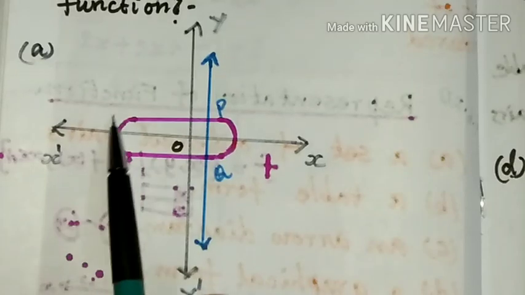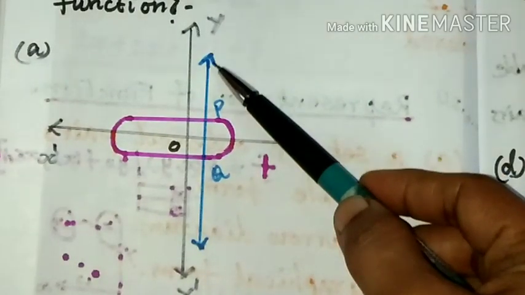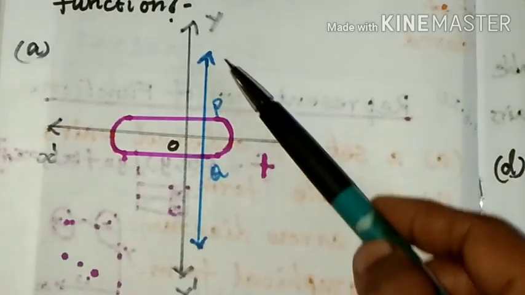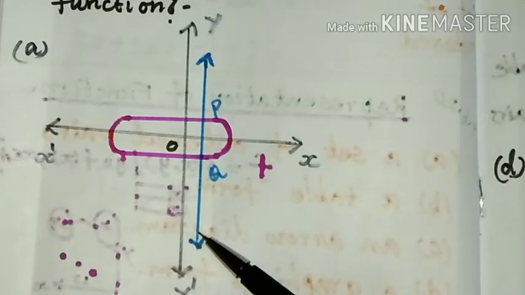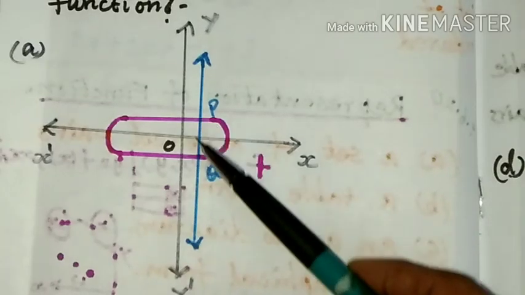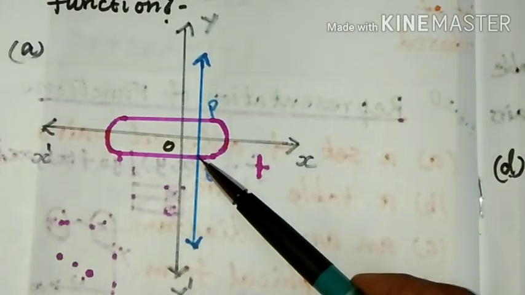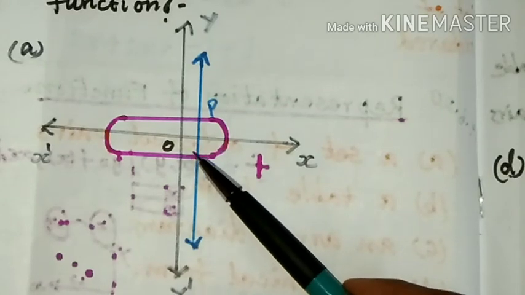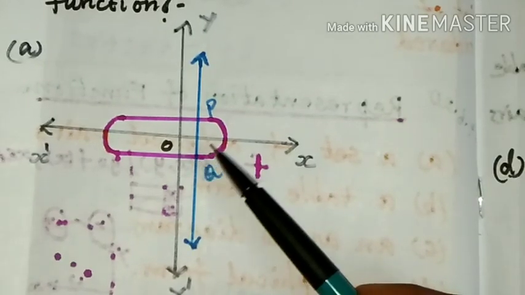This pink colored line indicates the curve graph. This blue colored line indicates the vertical line. See, in this graph, this vertical line intersects the given graph at 2 points P and Q. Therefore, this graph does not represent a function.